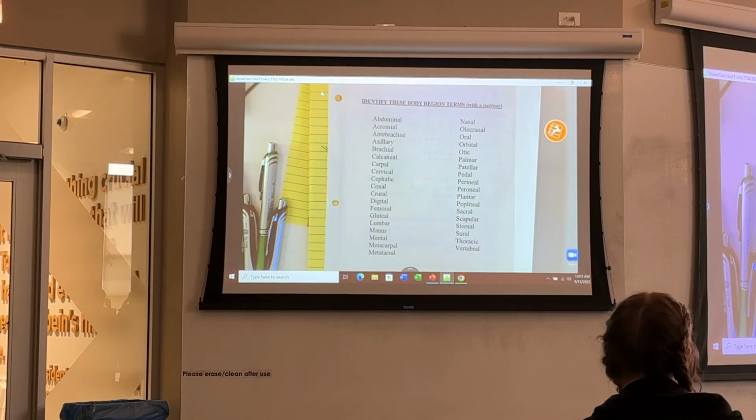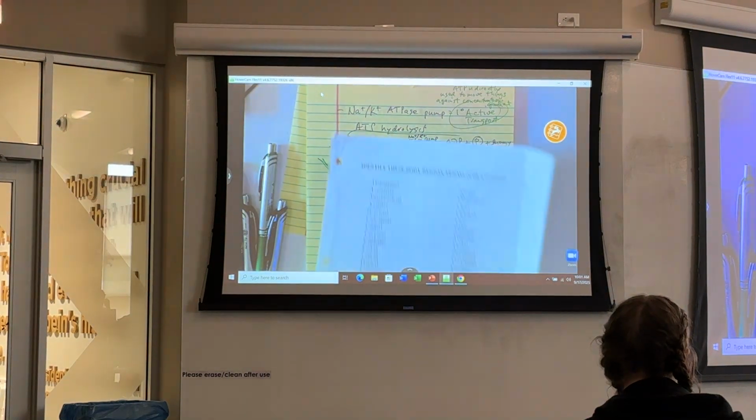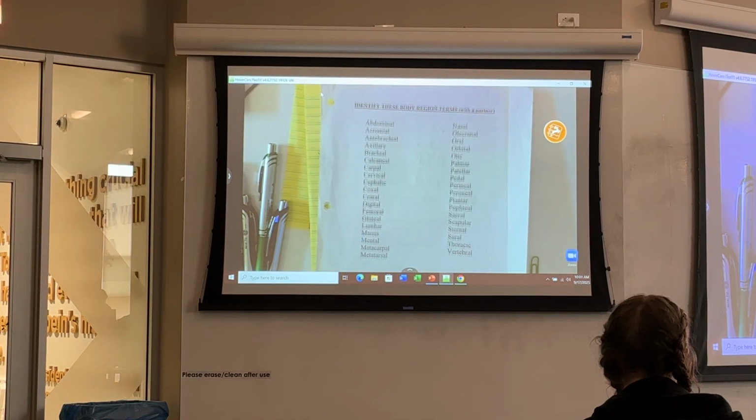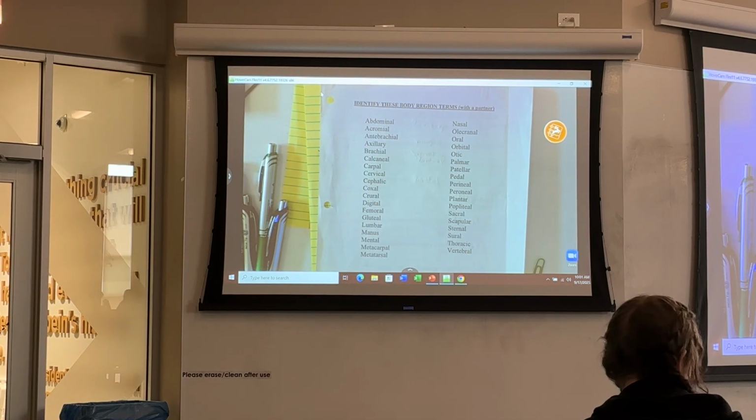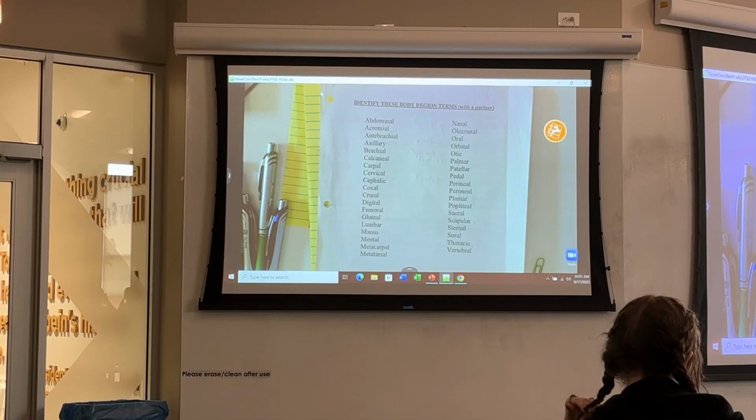Lumbar is your lower back. This is your hand, right? Manual, hand. Mental is your chin, sorry.